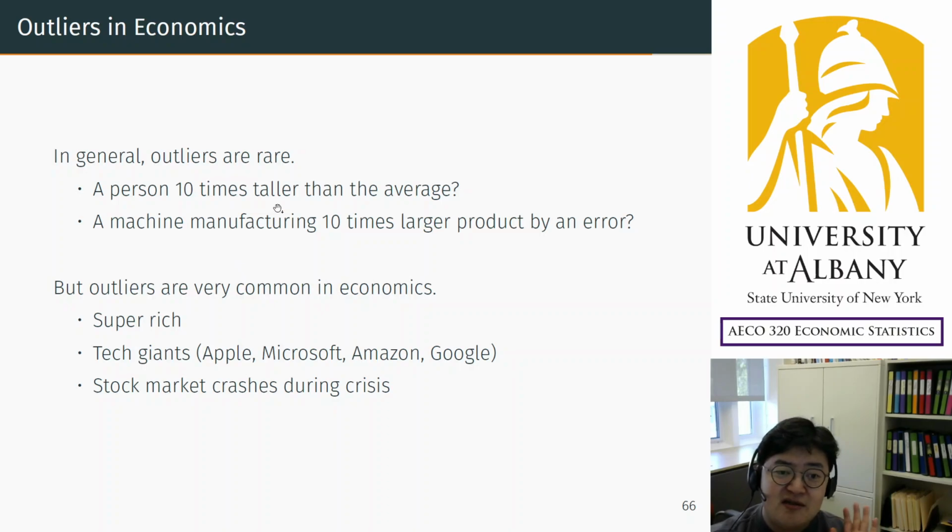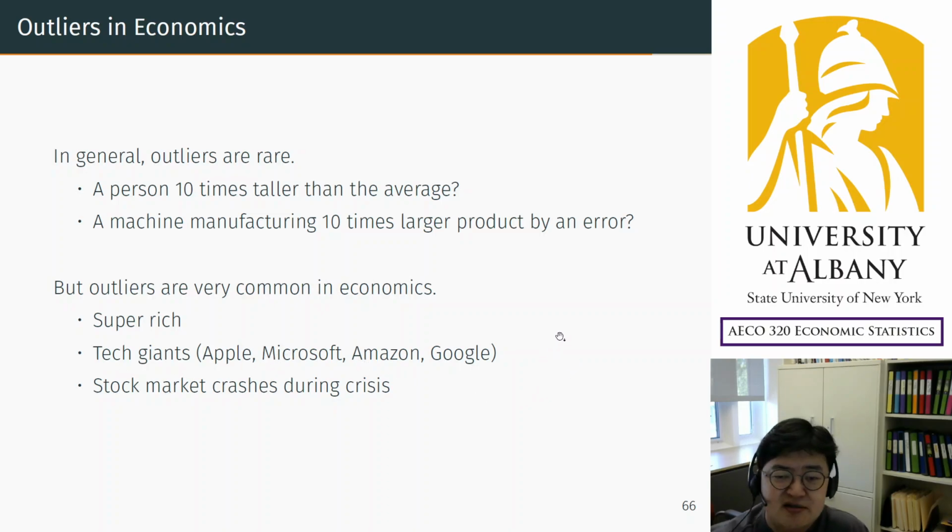I have never seen a person who is twice as tall as me, but I know there are people who are 1,000 times wealthier than me, 1,000 times richer than me. Maybe a million times richer than me exist. So they are extreme outliers, and that's more common in economics, like the super rich or tech giant firms like Apple, Microsoft, Amazon, Google.